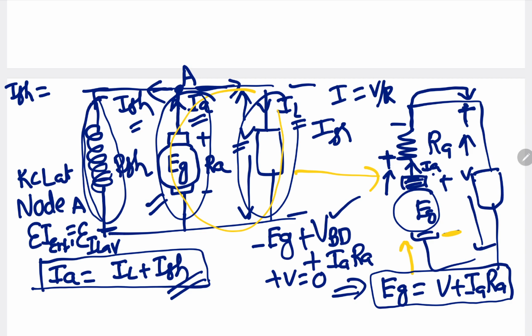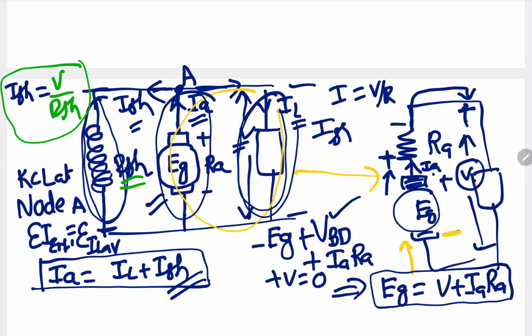So the voltage across the shunt field winding is equal to the voltage across the load, which is V. So the shunt field winding current ISH is equal to V by RSH. So this is about the DC shunt generator.